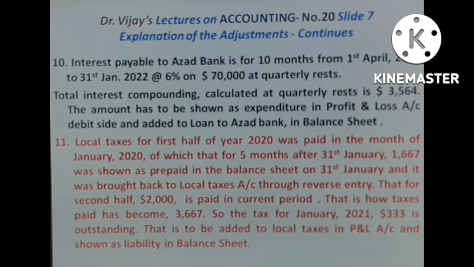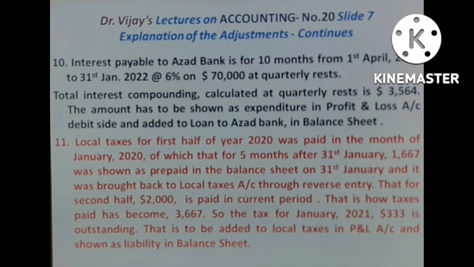It is 1,667. So that 1,667 plus local taxes paid during this period 2,000 is 3,667. Even that relates only to 11 months. The local taxes payable for January 2021 is yet not paid.